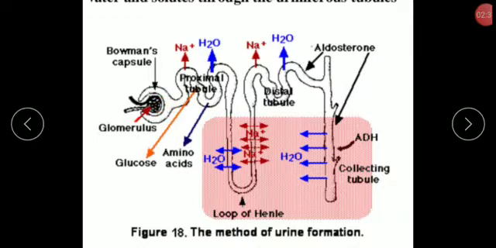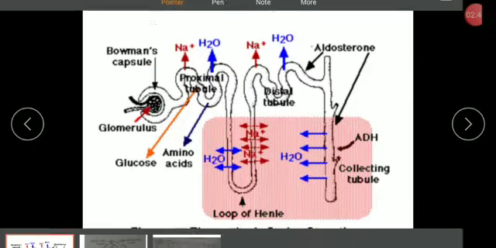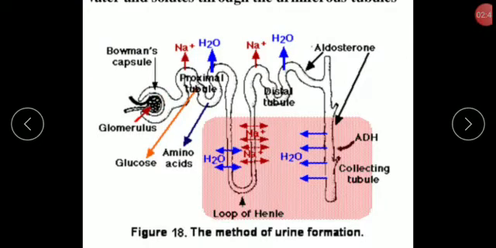As far as pressure is concerned, there are three types of pressure: the hydrostatic pressure, the osmotic pressure and also the capsular hydrostatic pressure. Let us see one by one.